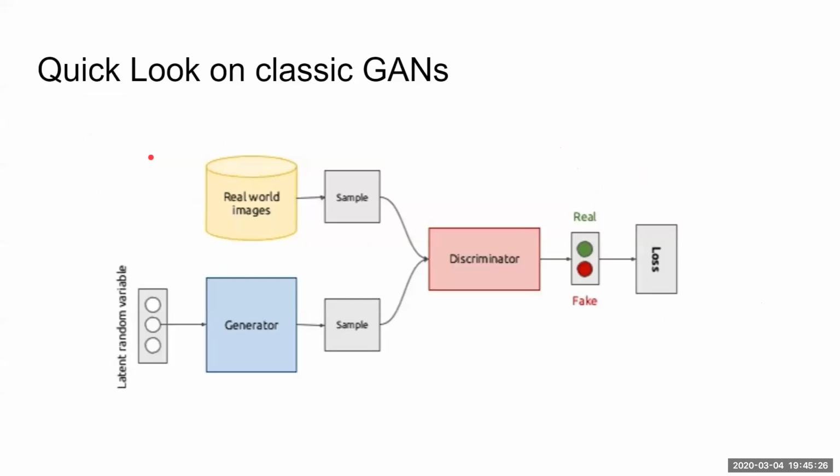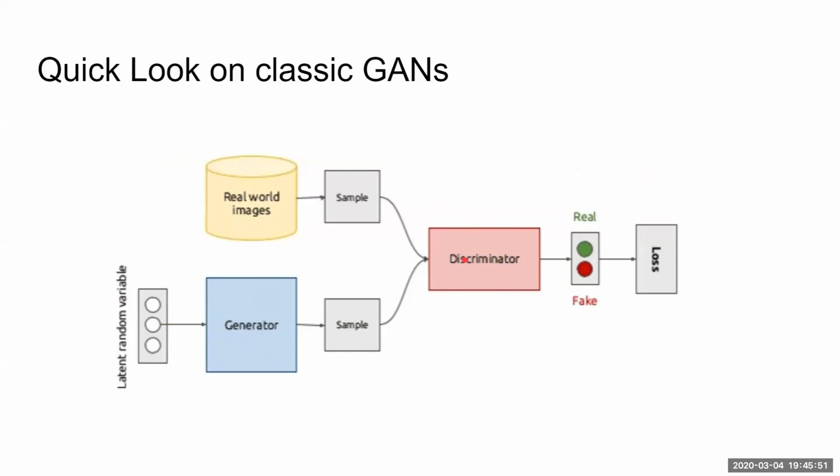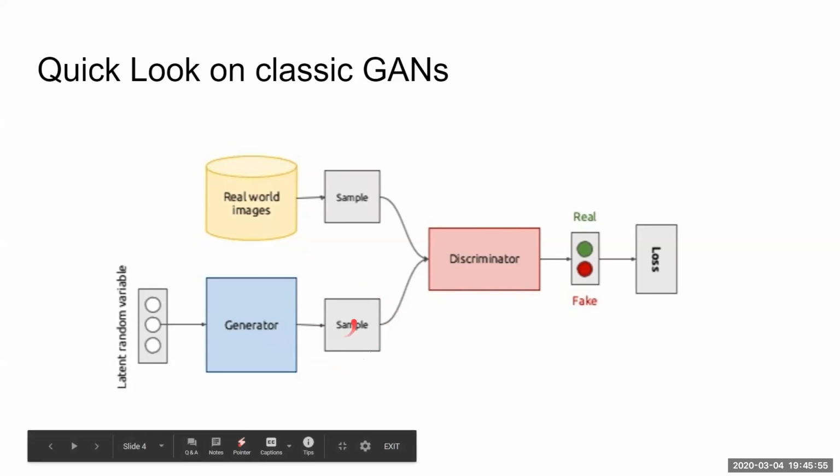Yes, so before we go to the SinGAN architecture, let's discuss a little bit about the classic GAN structure. In classic GANs, we have a discriminator network and a generator network. What the generator tries to do is sample some images given some noise vector. The discriminator's job is to tell the difference between the real images and the generator's generated images.